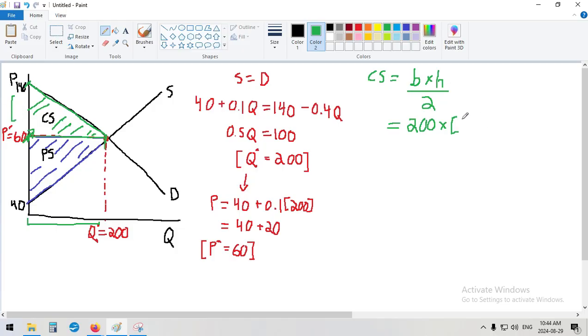So for the height, that's going to be 140 minus 60, and then divide by 2. Okay, that 2 and that 2 will cancel, so we get 100 in the front, and then in the back, we have 80. So our consumer surplus will be 8,000.